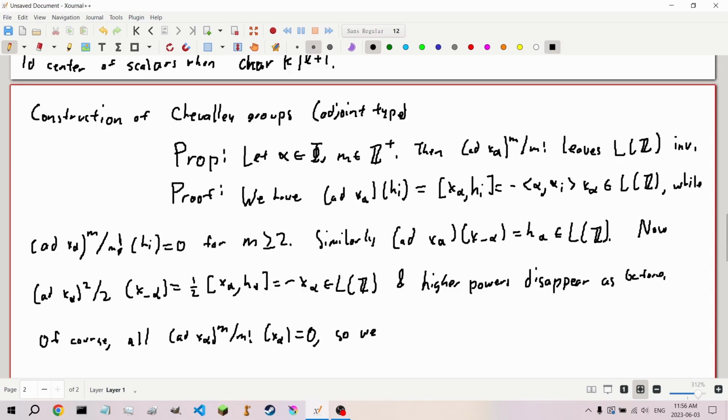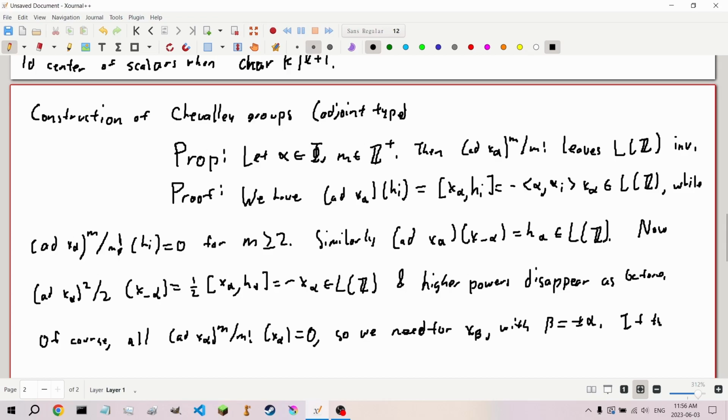So we need it for x beta, with beta not being plus or minus alpha, of course.